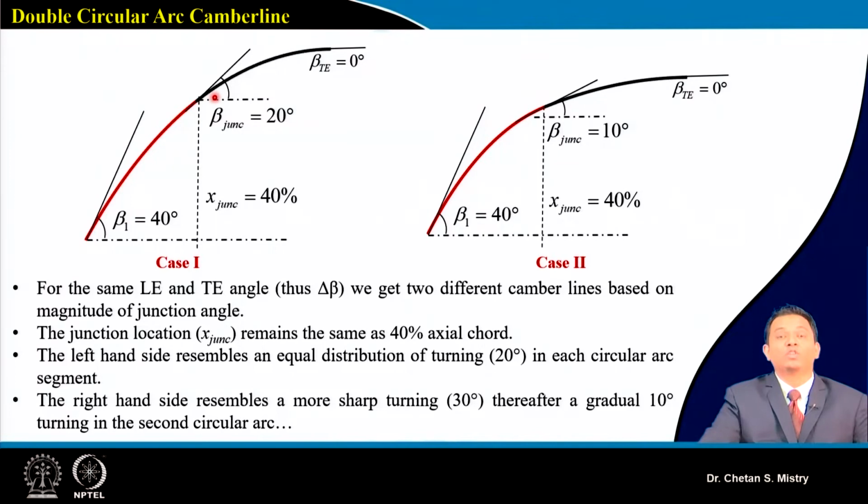We are having two different camber lines, or two curves, and the junction point is placed at 40% of my chord. This is my location.